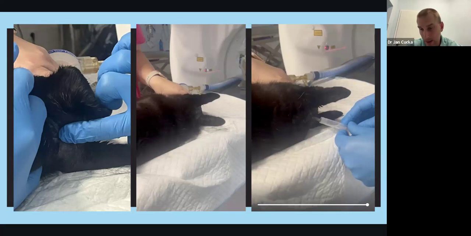So it's necessary to leave those animals after myelography for, I don't know, 3 to 4 hours after that procedure in hospitalization, and take care of them. And if everything is okay and they are awake and there are no seizures, they could go home.